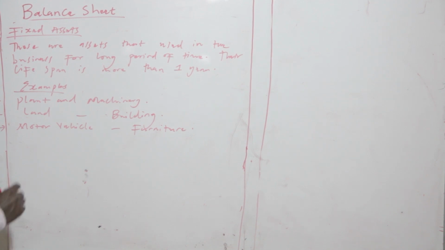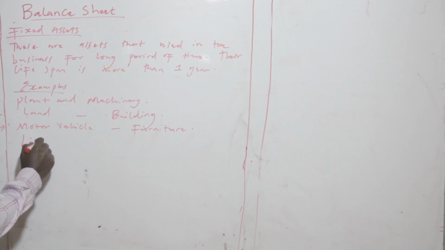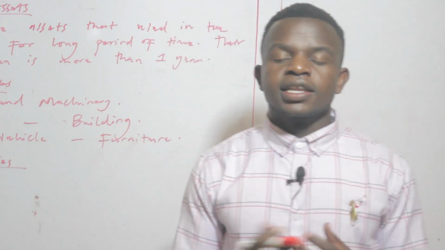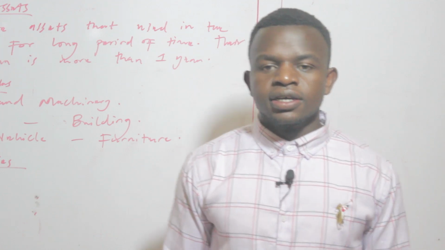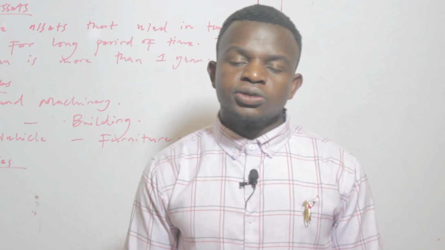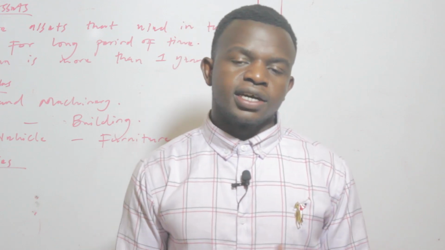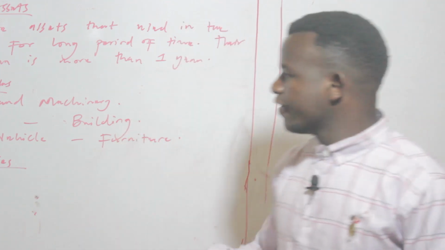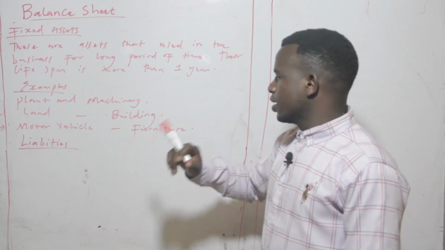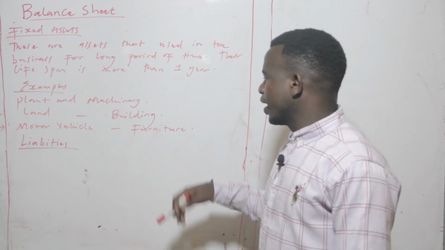Let us now look at liabilities. We know that when the business is starting, it will need funds. The funds are going to be used in purchasing fixed assets, and as examples we said plant and machinery, land, buildings, motor vehicle, and furniture.